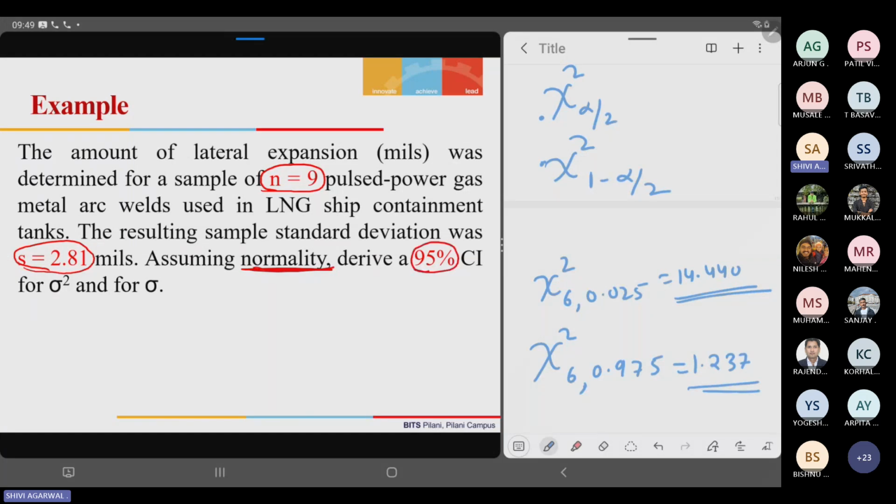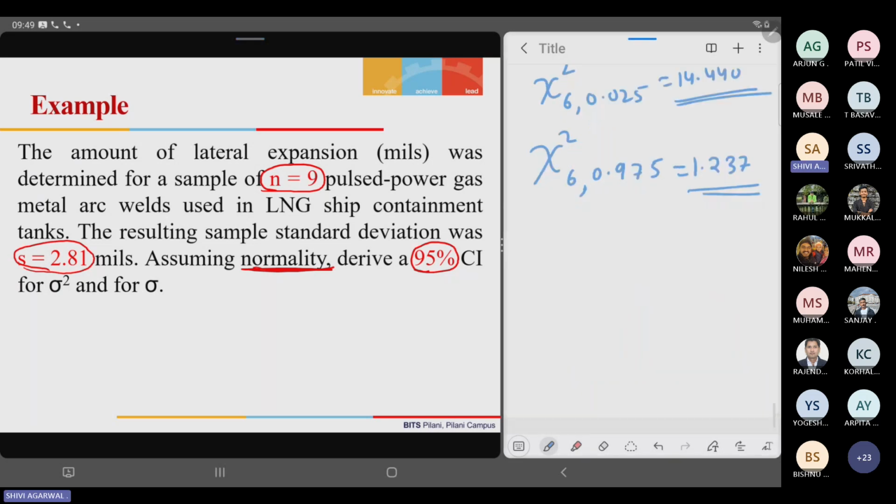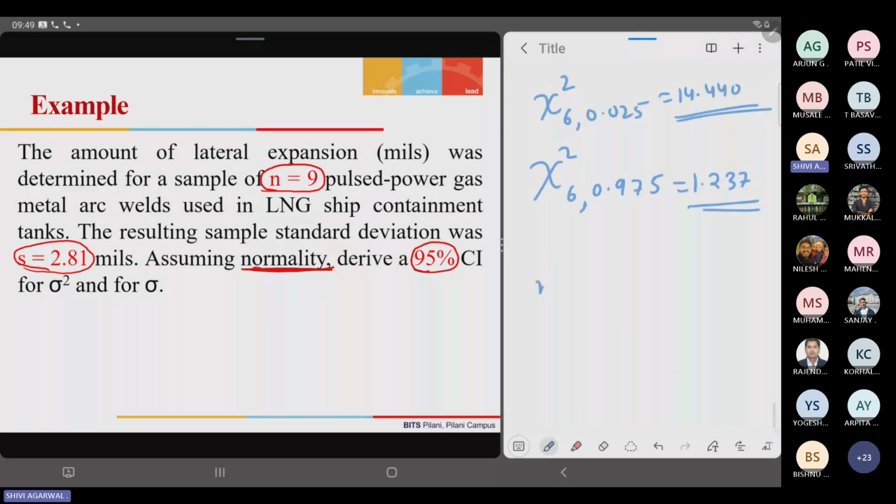So the 95% confidence interval for sigma square and sigma. You know that is what? (n minus 1) S square upon chi square alpha by 2 with n minus 1 degrees of freedom, and (n minus 1) S square upon chi square 1 minus alpha by 2 with n minus 1 degrees of freedom.